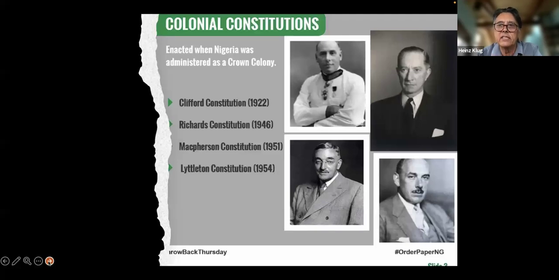All 3 were governors, colonial governors of Nigeria. But the Littleton Constitution in 54, the last colonial constitution, is actually by the Secretary of the Colonial Office, Littleton. And so this series of constitutions is an attempt by the colonial regime to govern through constitutional means.